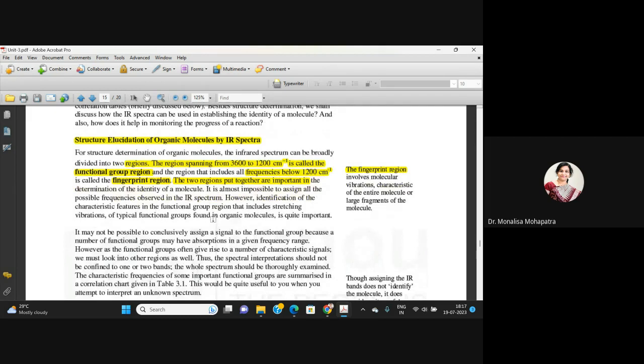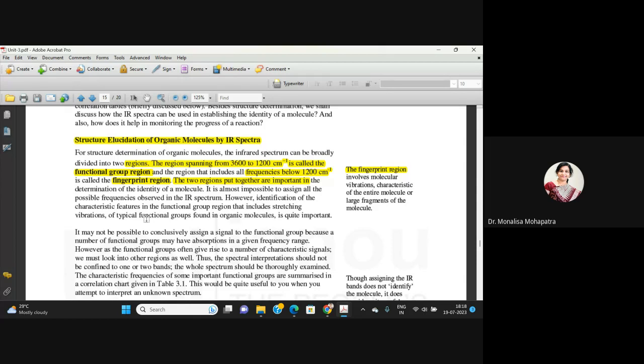Like two molecules A and B, they may look like similar things, but one person's fingerprint does not match another person's fingerprint. Suppose molecules A and B are twins. They may give you similar bands within the 3600 to 1200 functional group region, for example if something is at the meta and para position.